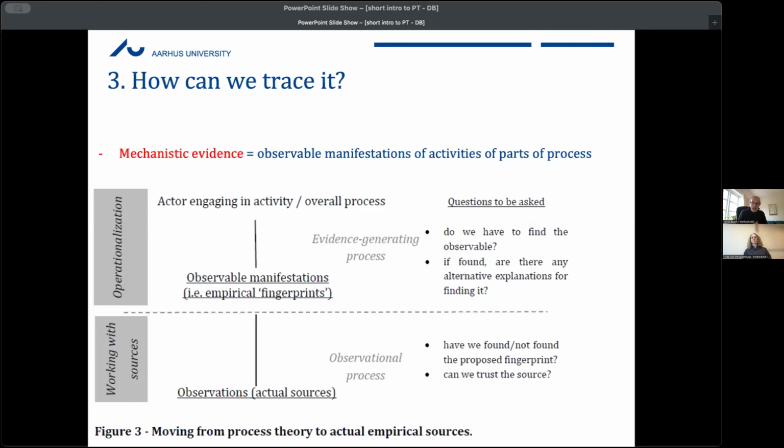In this respect, I think process tracing draws a lot, at the more observational level, on history and historical methods about source criticism, where they're particularly strong. And then the actor engaging in activities, and then the observable manifestations. In particular, Bayesian reasoning is typically used to think through alternative explanations for finding evidence.